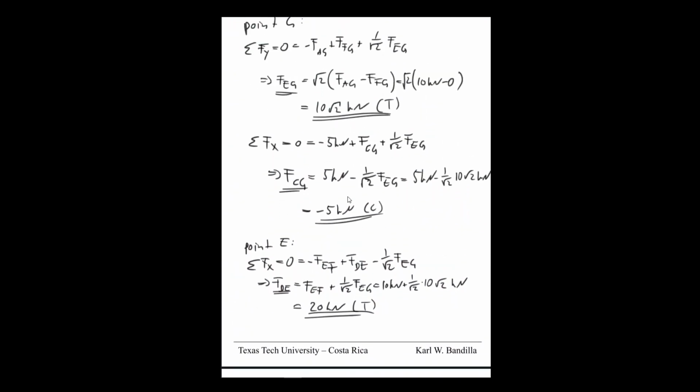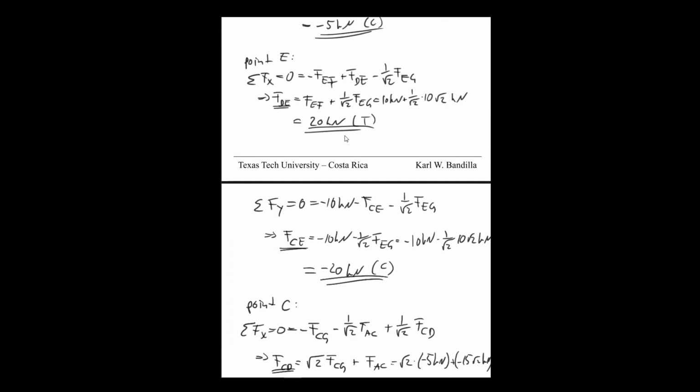Minus 1 over the square root of 2 FAC, FAC was minus 15 square root of 2 kilonewton, plus 1 over square root of 2 FCD, FCD was minus 20 square root of 2 kilonewton.